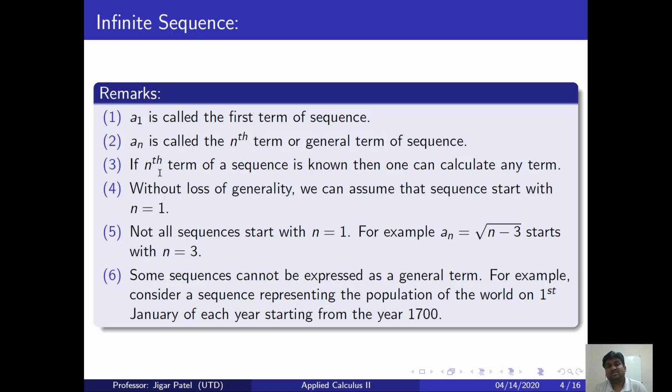A sequence may contain some random terms, and these random terms may make the situation very tricky for us to handle. As I said, this is really a formal idea about infinite sequences.